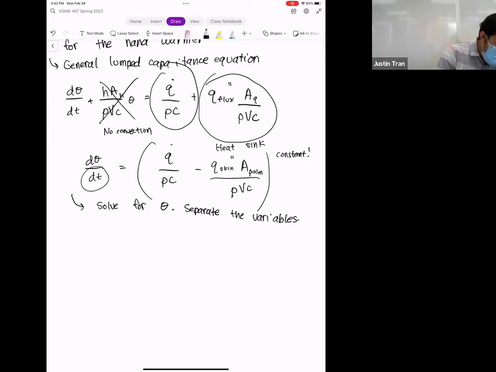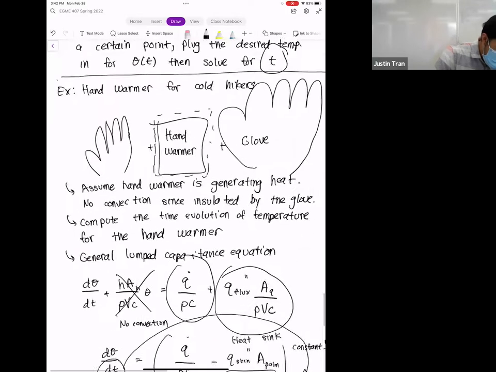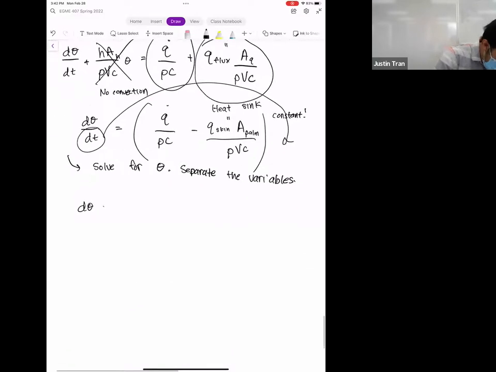I'm going to take dt and move it to that side of the equation. So on one side we have d theta is equal to q dot over rho c minus q skin double prime multiplied by A palm divided by rho V c times dt.